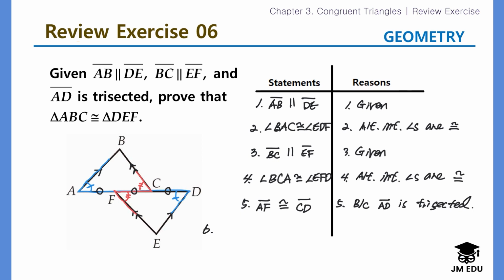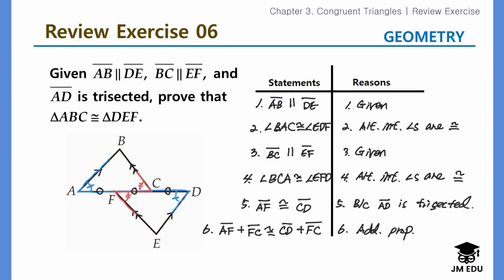Okay, so I'm gonna add AF plus FC and CD plus FC. In each side, we added equal side FC, right? So they are congruent. That's addition property, right? We can always add same stuff each side. So number 6, that's addition property.